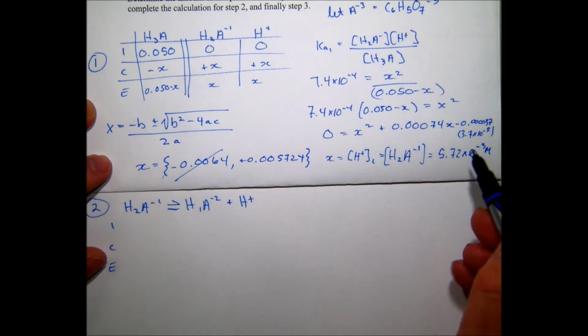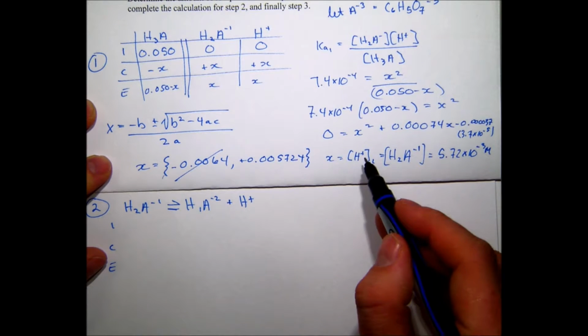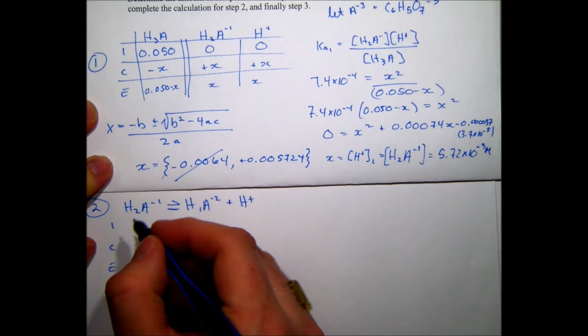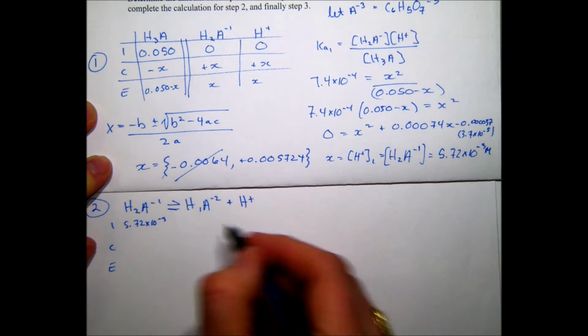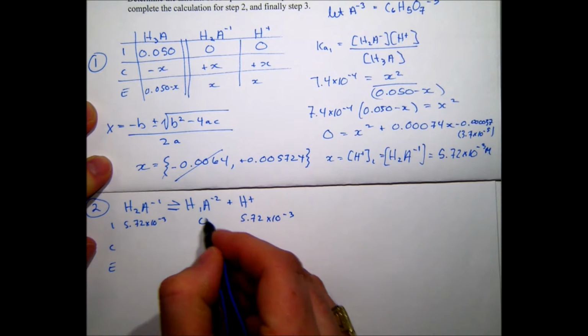So now I know that I'm going to have an initial H plus from step 2, and I know I'm going to have some initial H2A minus: 5.72 times 10 to the negative 3 and 5.72 times 10 to the negative 3, and I have 0.